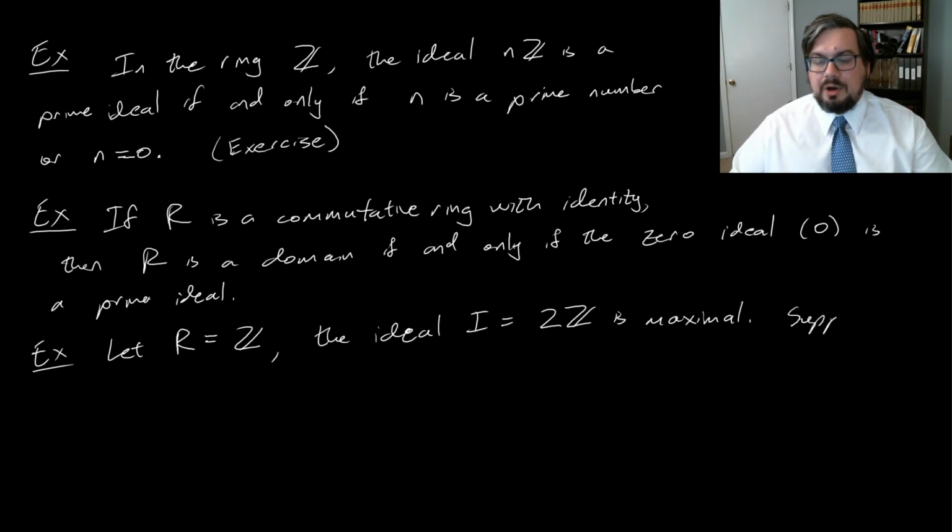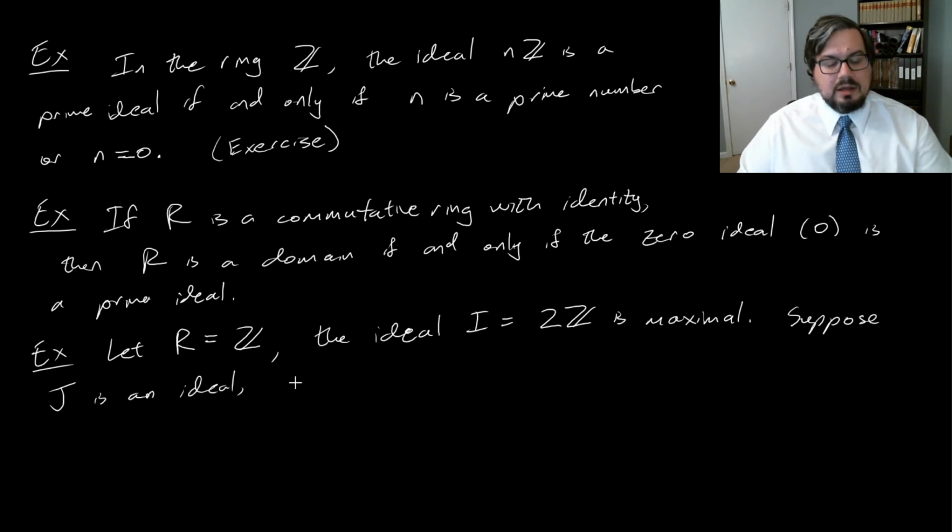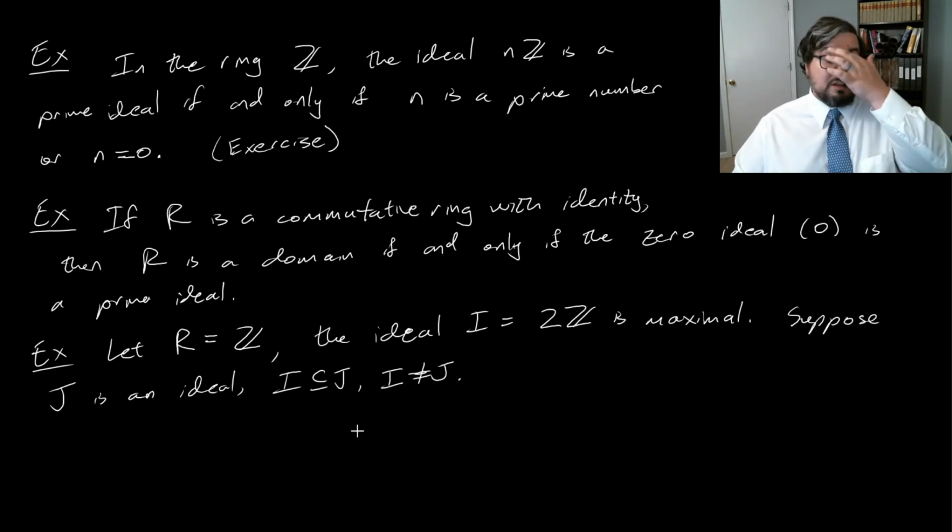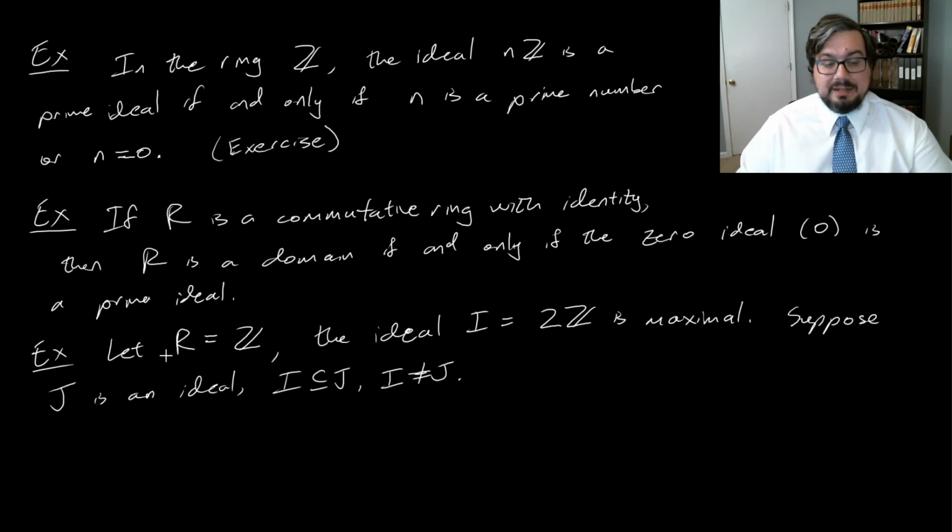So let's suppose that J is an ideal that I is contained in J, but I is not equal to J. And once we have this, to show that I is maximal, we have to show that J is necessarily the whole ring itself.